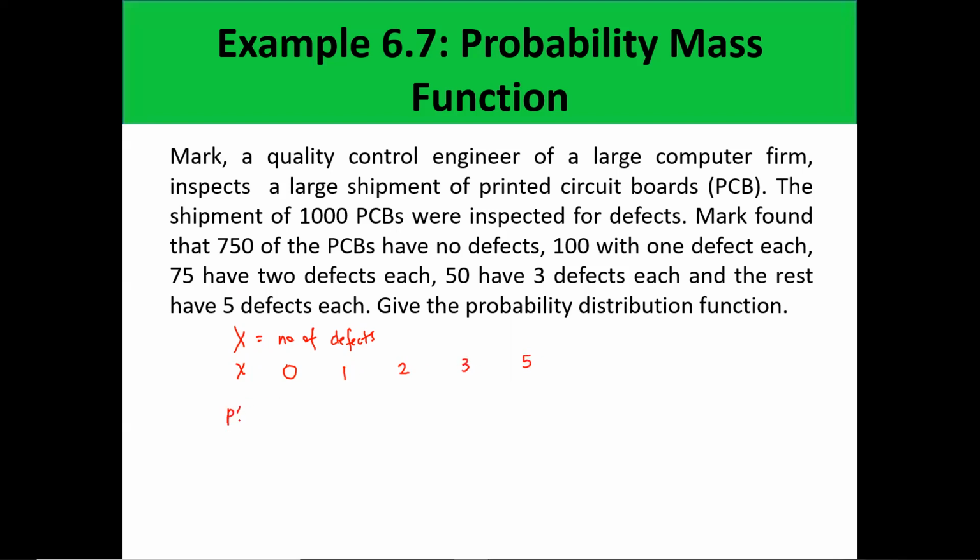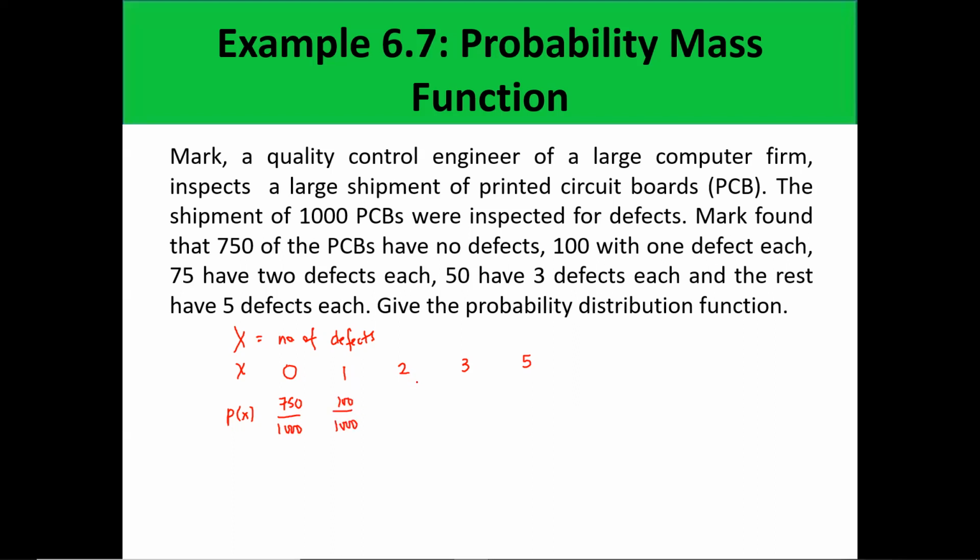Now the probability that the printed circuit board doesn't have any defects would be 750 over 1,000. Exactly one defect means that the probability is 100 over 1,000.